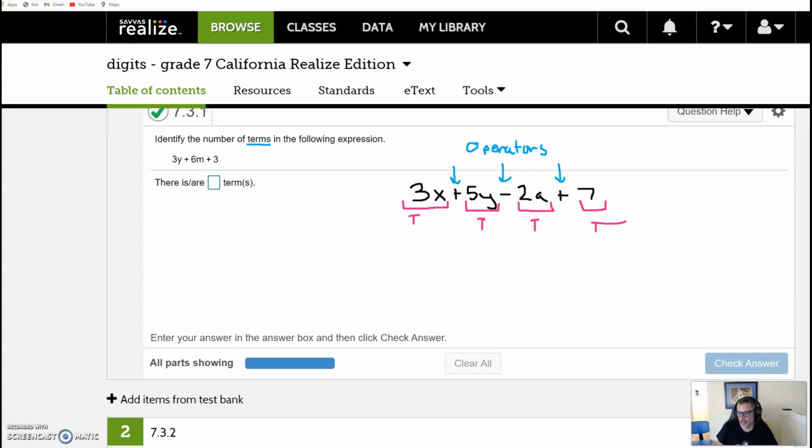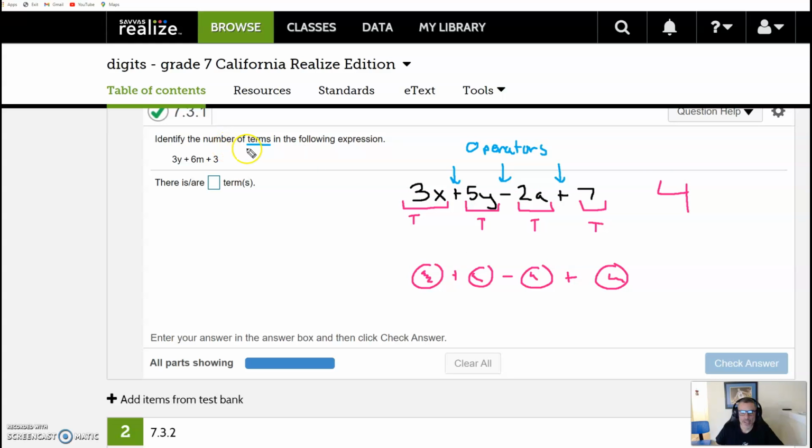So this expression right here has 4 puzzle pieces, right? I got this first puzzle piece, and then I'm adding another puzzle piece, and then I'm subtracting another puzzle piece, and then I'm adding another puzzle piece, right? So we fill in these circles here with our terms. So this expression right here has 4 terms.